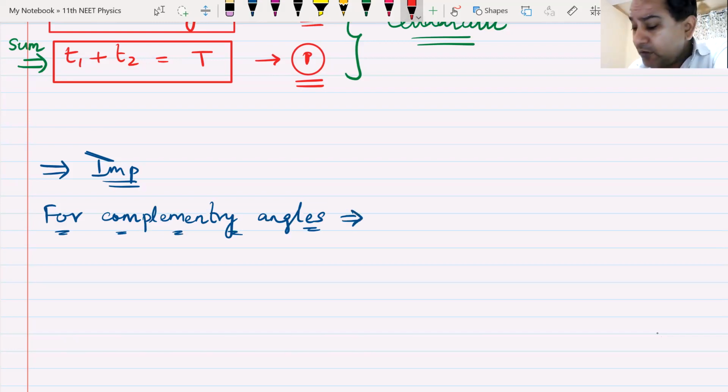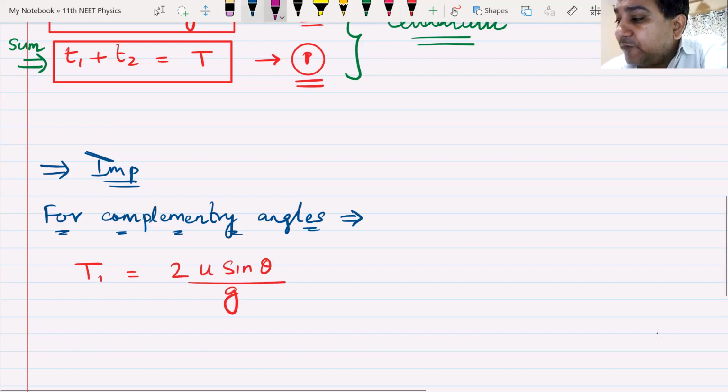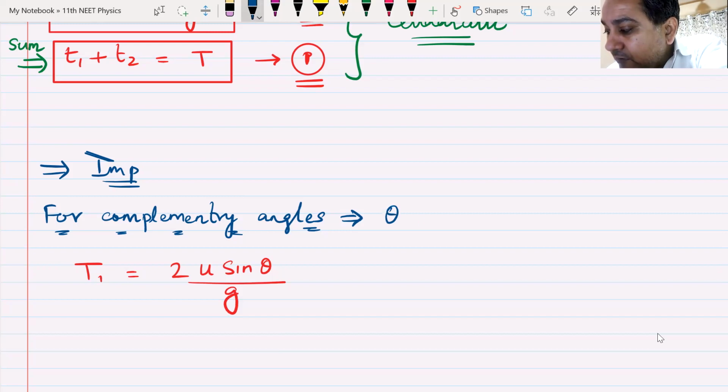See, if one time of flight T1 is 2u sine theta by g. Okay. Complementary angle means if one angle is theta, then the other angle would be how much?